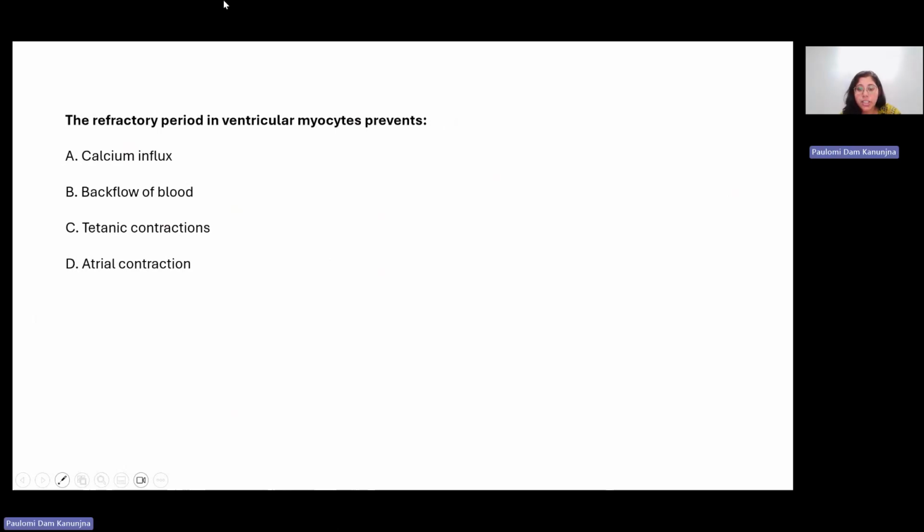Which one do you think makes sense here? So again, ventricular myocytes are basically the ventricles. So it's talking about the contractions and then followed by a refractory period. So why do you think it is important? Or in other terms, what do you think that it prevents?